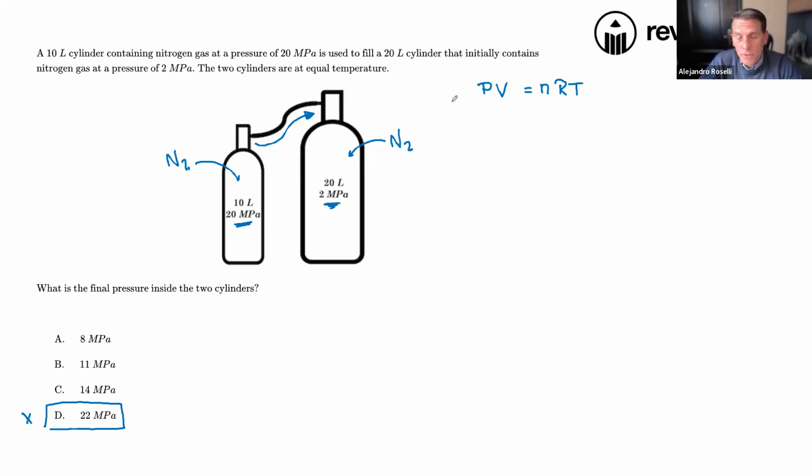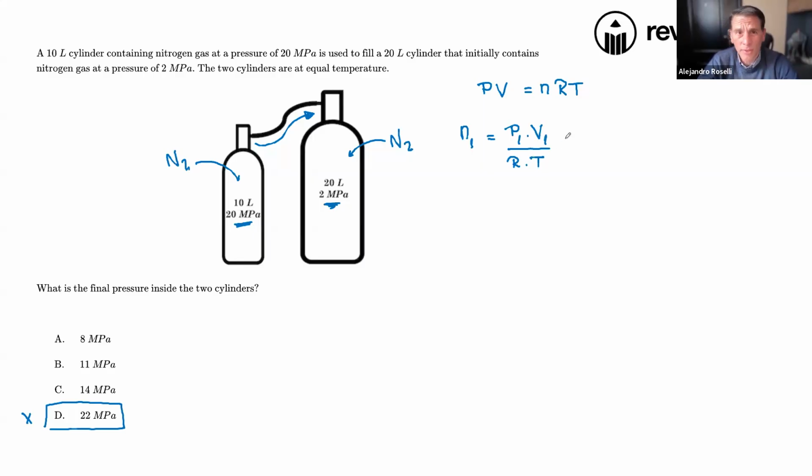So let's solve this equation for n, the number of moles, which we know will be added in the final state. Okay, so we'll get a number of moles from the first cylinder. I'll just call it n1, which will be the pressure in the first cylinder times the volume in the first cylinder divided by the gas constant multiplied by the temperature.